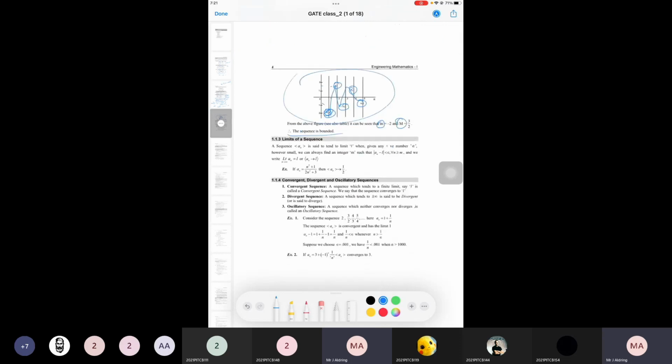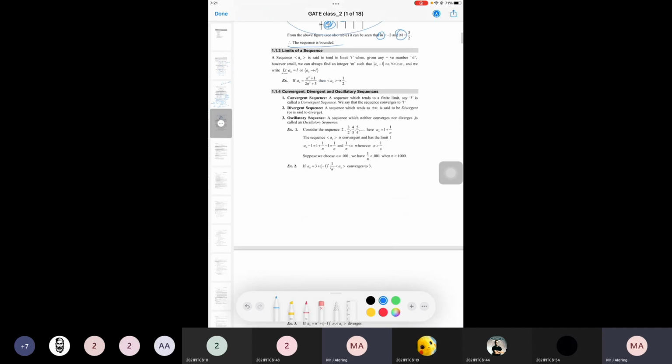Now, next we see the limits of the sequence. The limit of the sequence is when n tends to infinity. You can see the example here. When you apply the limit to the sequence, that means limit n tends to infinity, then a_n tends to a certain L. L is some number, a finite number.